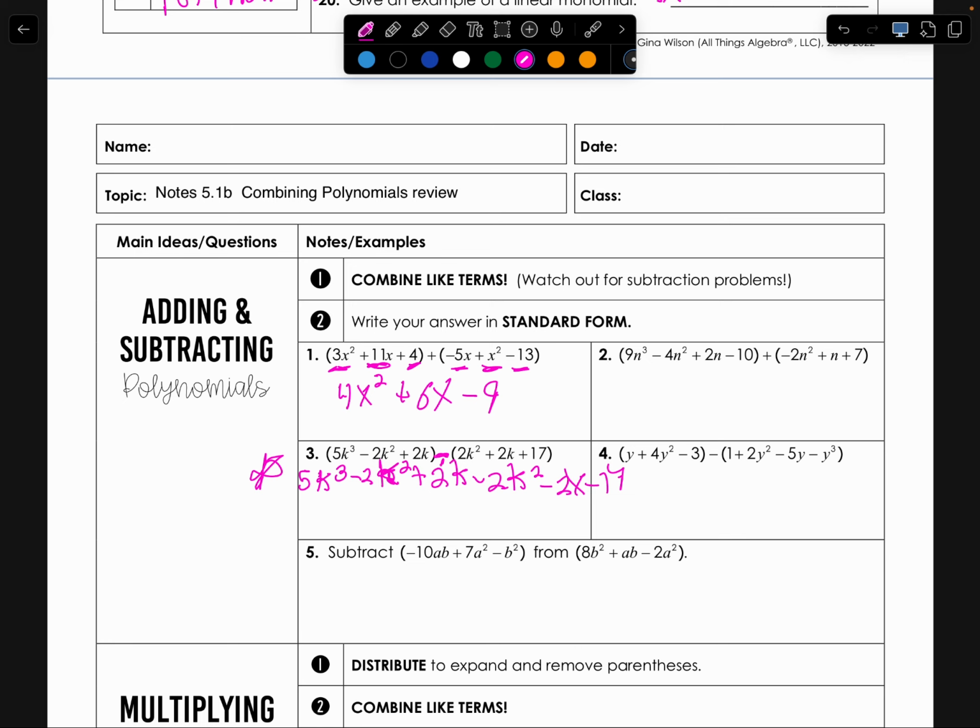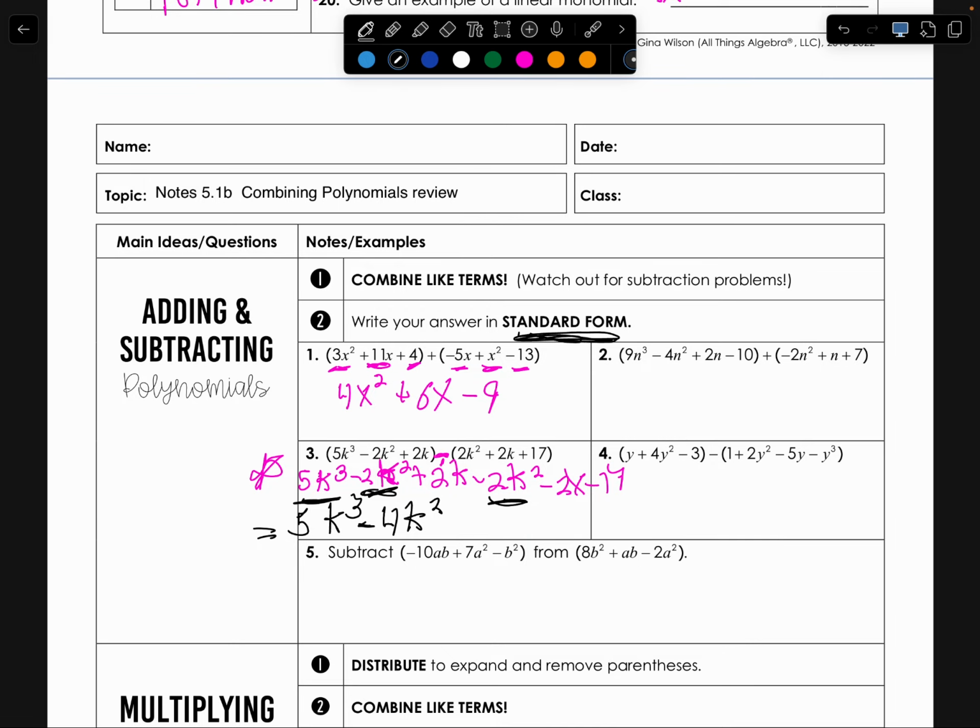Stuff that goes together. The cubes, there's only one of them, 5k cubed. It says write it in standard form, so we've got to make sure we write the biggest powers first, going to the lowest powers. Minus 2k squared. Oh, wait a minute, that's minus 4k squared.